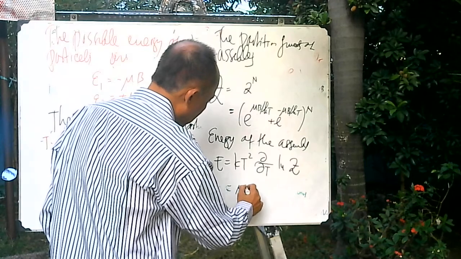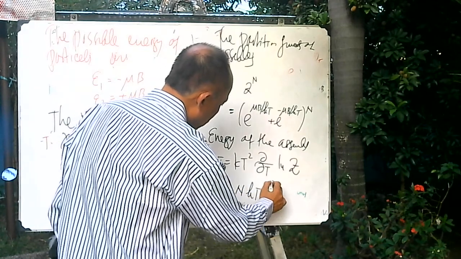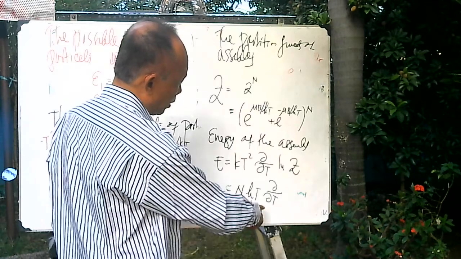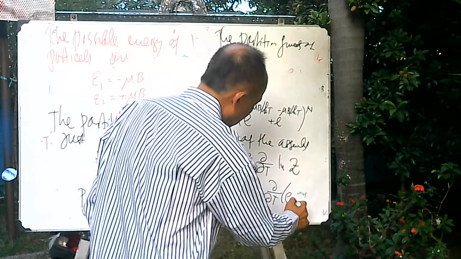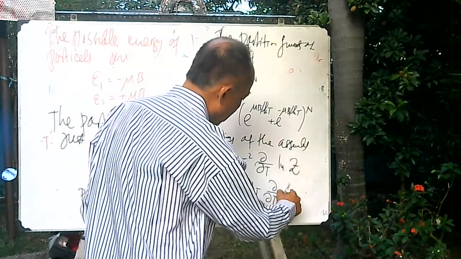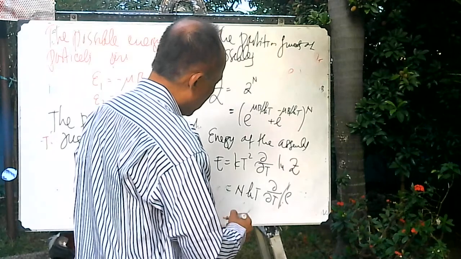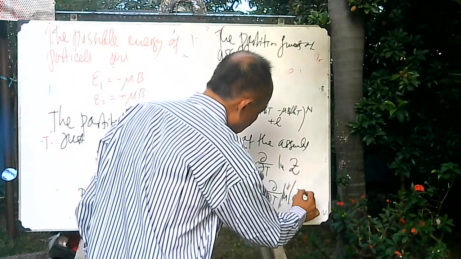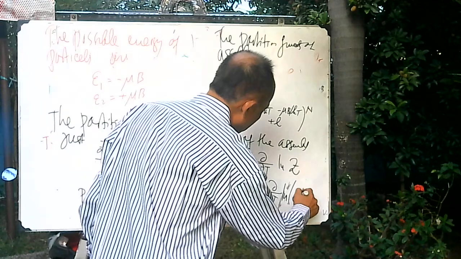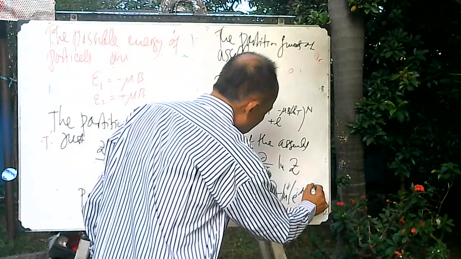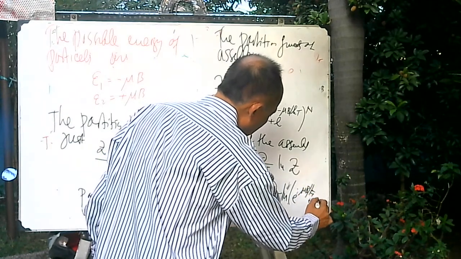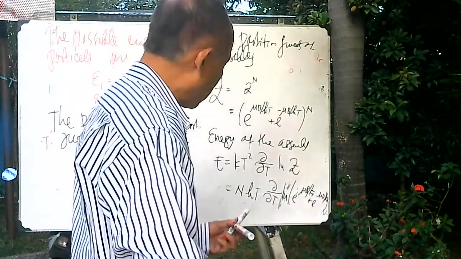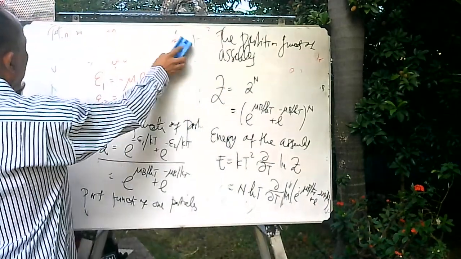This is equal to n kT squared times the partial derivative against T of the natural logarithm of exponent mu b divided by kT plus exponent minus mu b divided by kT. Now we calculate this equation.